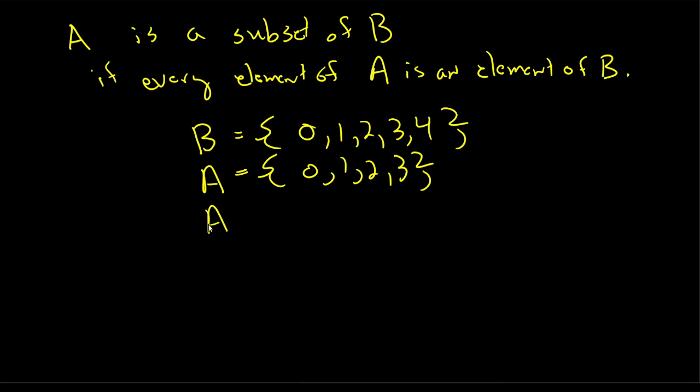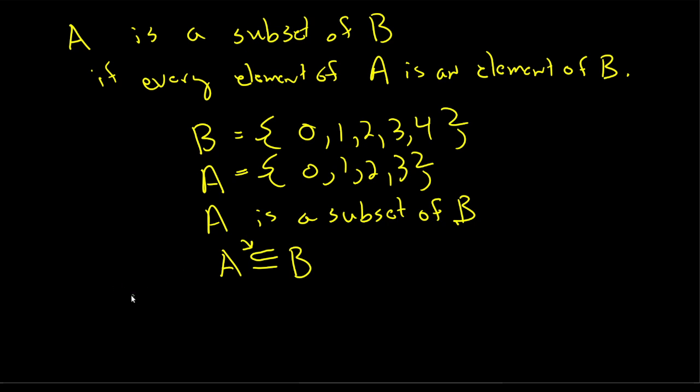And so A is a subset of B. And we have some notation for this. What we'll say is A is a subset of B. And so this notation says that the thing on the left is a subset of the thing on the right.